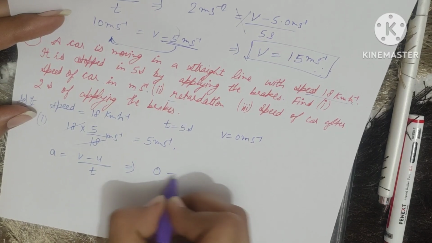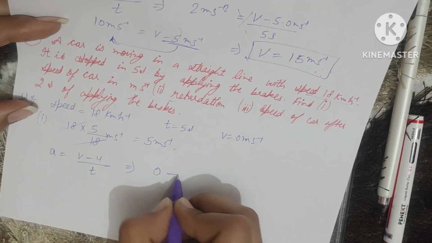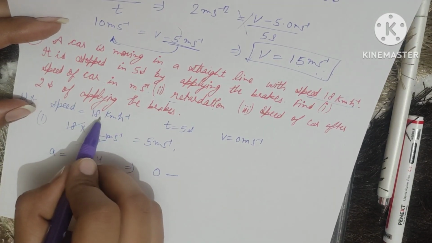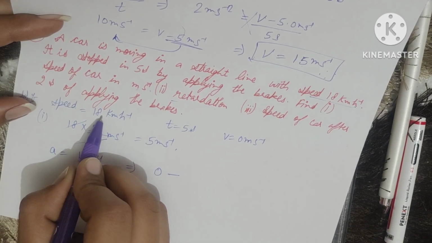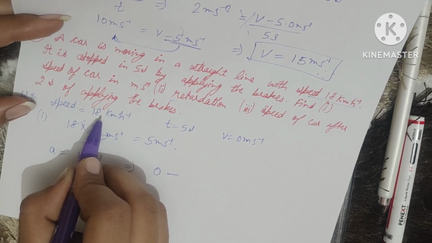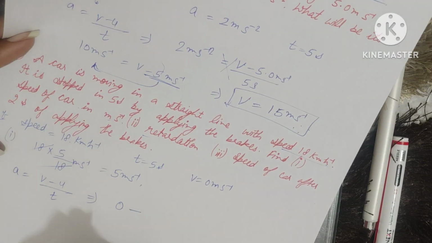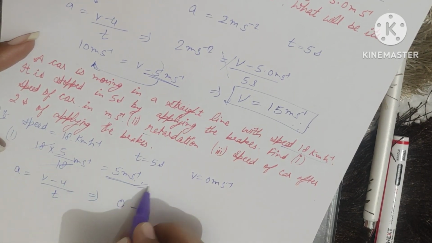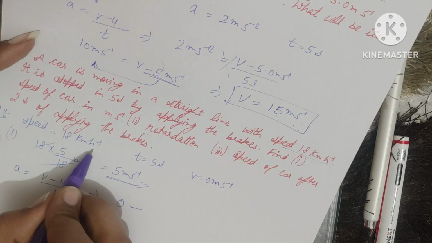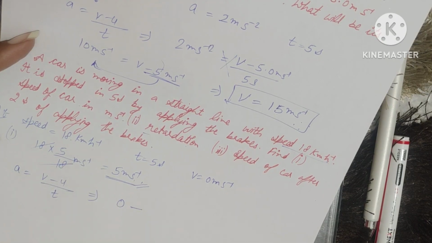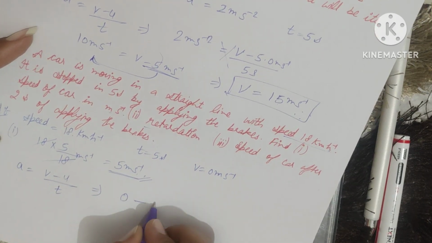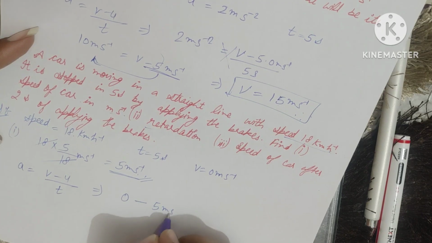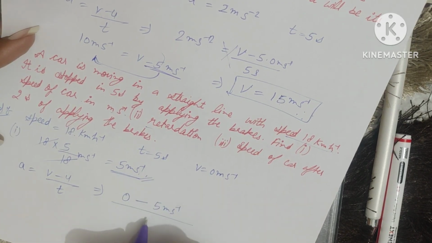It is 0 minus initial velocity, initial velocity means the speed with which it is moving. We just converted it into meters per second, so I am using this value here because the 18 kilometers per hour has been converted, so I am using the converted value, and the time is 5 seconds.